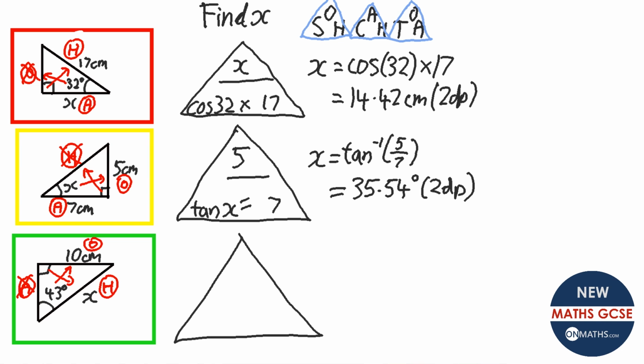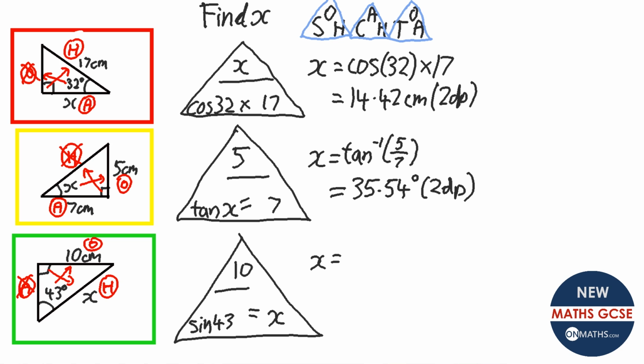So using that triangle, it's sine, the angle's 43, equals, what we've got, the opposite, which is 10, and the hypotenuse is X. So this time X equals 10 over sine 43.